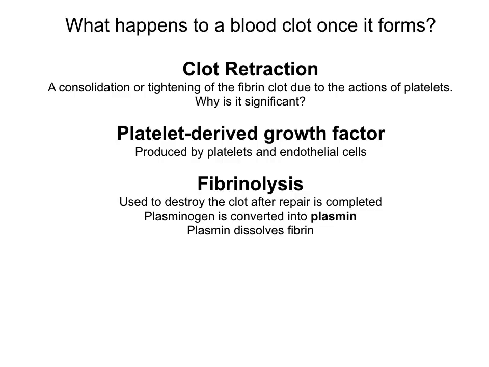The plasmin then causes you to make more kallikrein, which then causes you to make more plasmin, which then causes you to make more kallikrein. Can you see another positive feedback mechanism occurring? Guaranteeing that you're going to have plenty of plasmin available to help destroy your clot after repair is completed.